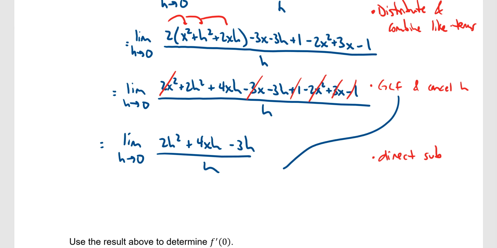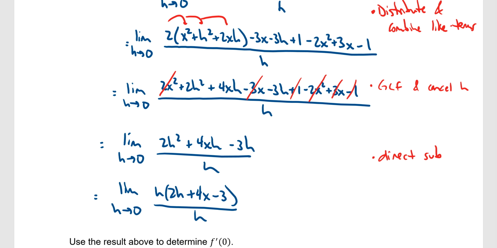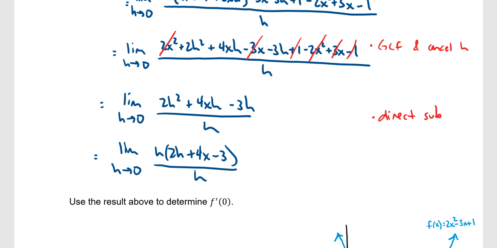Now we're going to do GCF and cancel h. So GCF out an h in the numerator. You'd be left with 2h plus 4x minus 3, all over h. Now we can go ahead and cancel the h. We're left with the limit as h approaches 0 of 2h plus 4x minus 3.